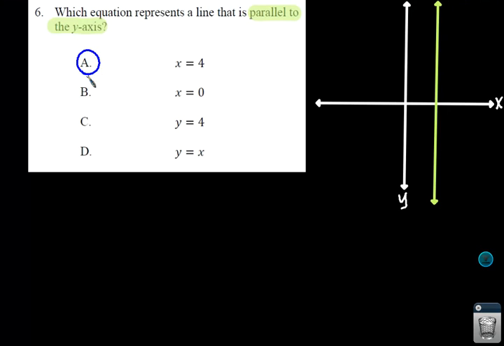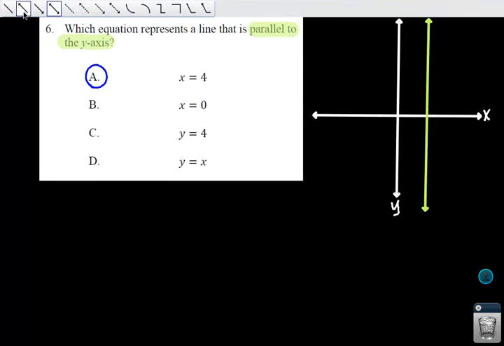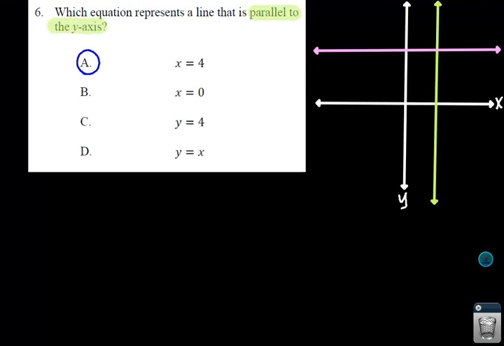Let's talk about this just a little bit more. If I have a horizontal line, like so, horizontal lines have the equations of y equals some constant value that we call b.